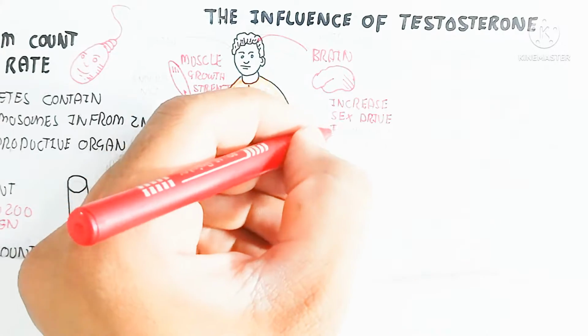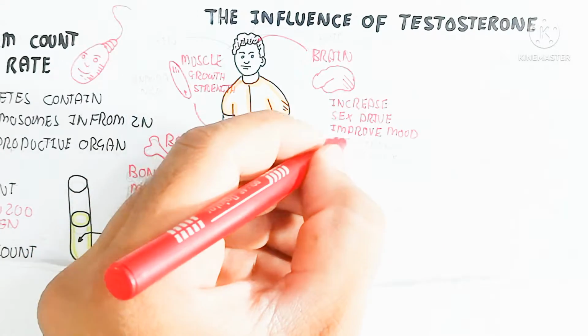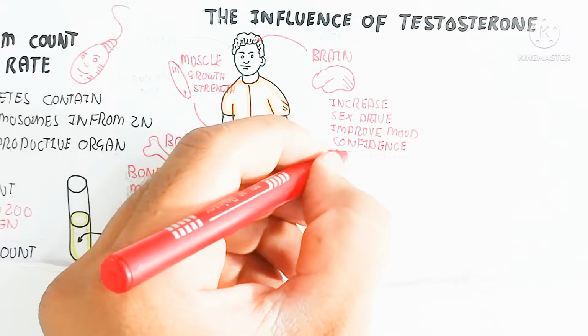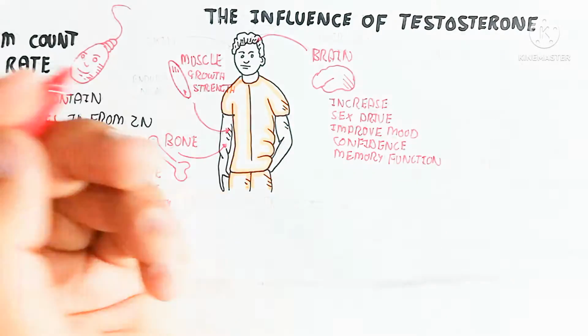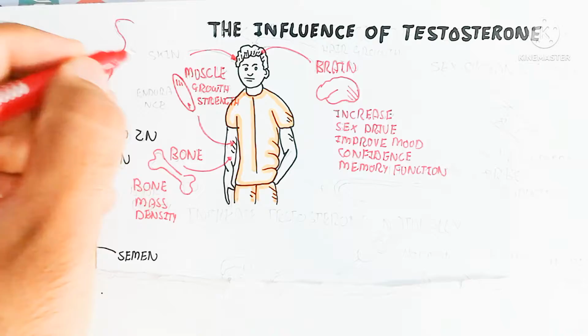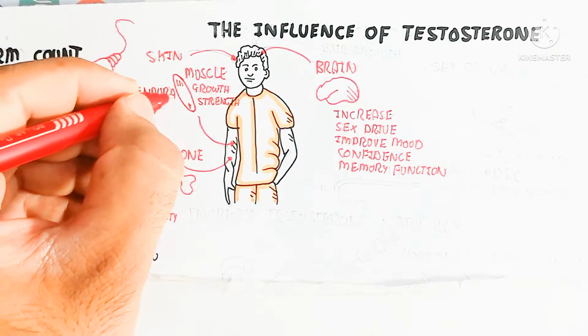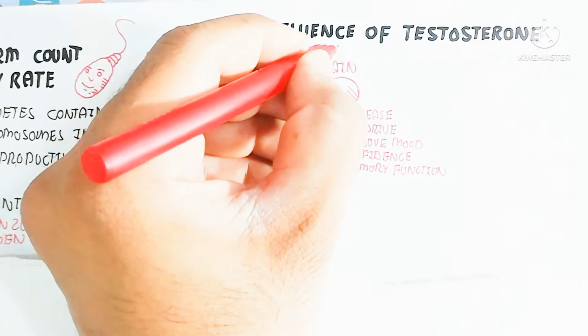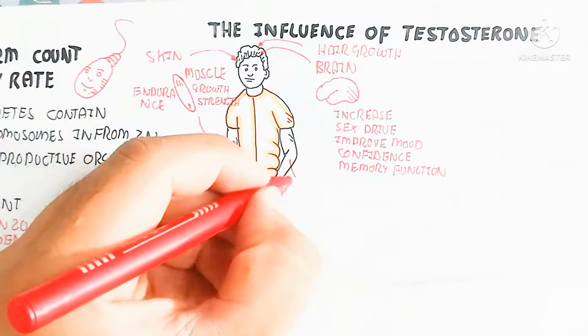In the brain, it increases sex drive, improves mood, confidence, and memory function. Hair growth is also due to testosterone, and body hair is also a characteristic of testosterone production.